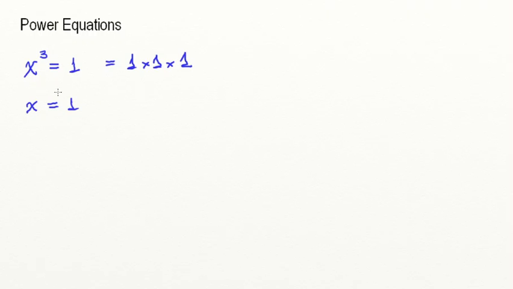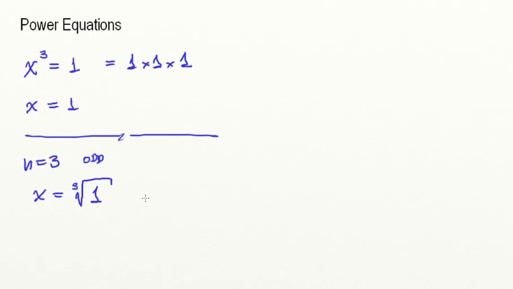If I apply the rules that we have learned, we would do n equals 3. It's odd. So since it's odd, what are we going to do? Well, x will be simply the cubic root of 1, which is 1.